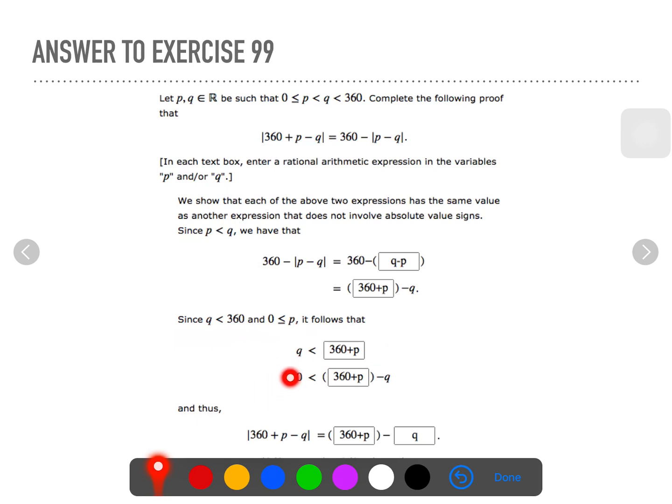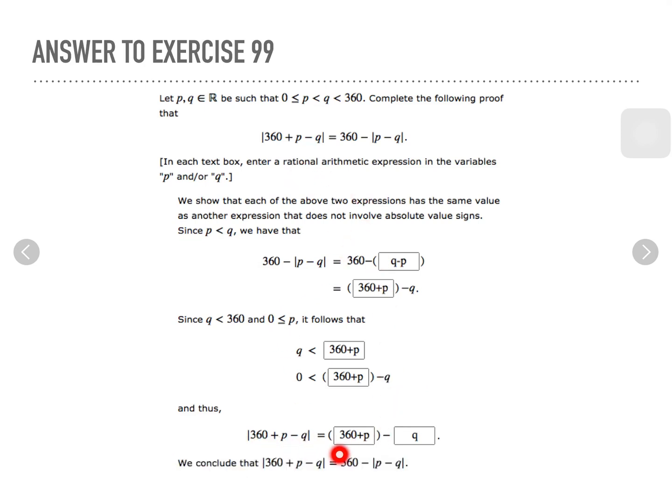Now, I take that and I subtract Q from both sides. So I know that 0 is less than 360 plus P minus Q. And thus, I now know that the absolute value of 360 plus P minus Q is equal to 360 plus P minus Q.